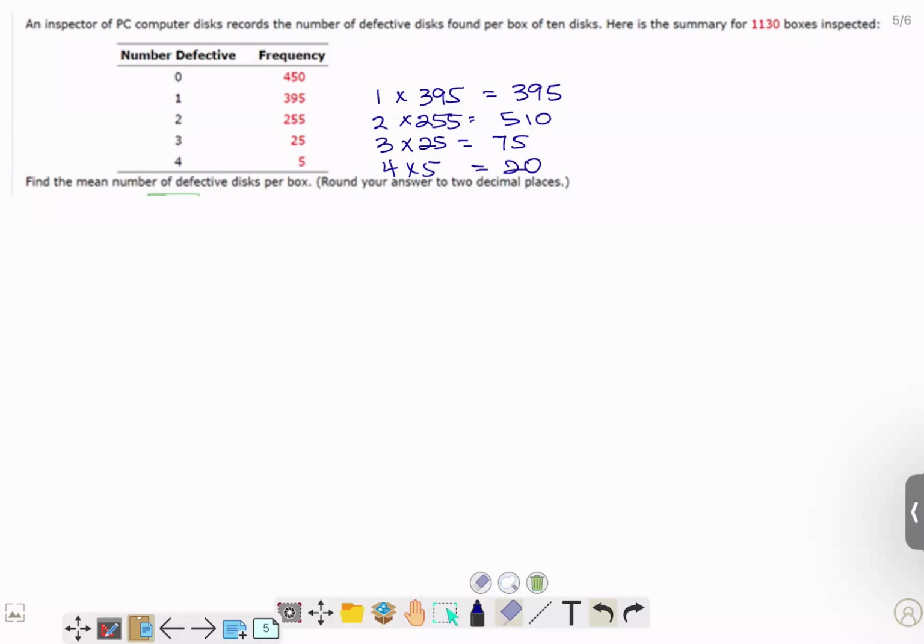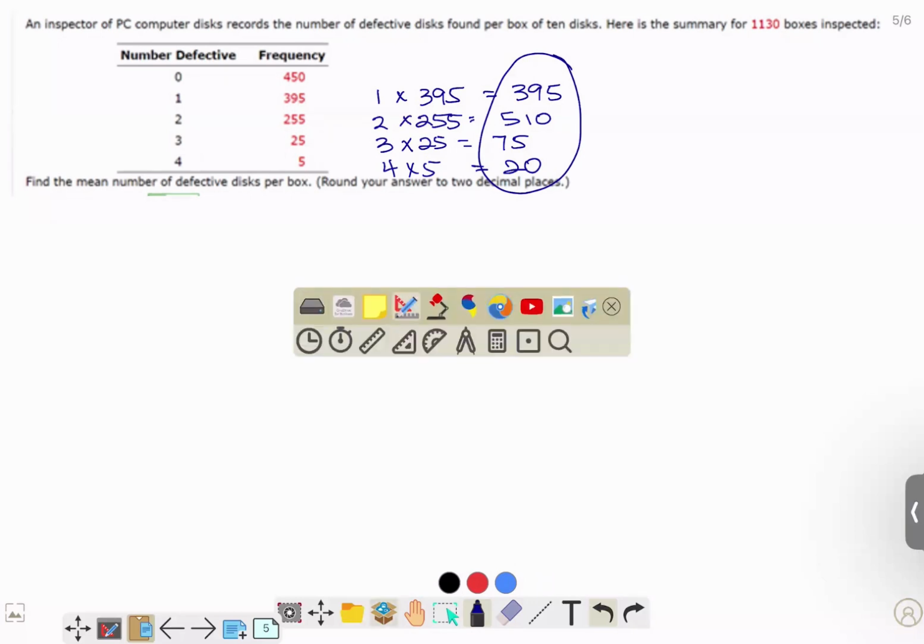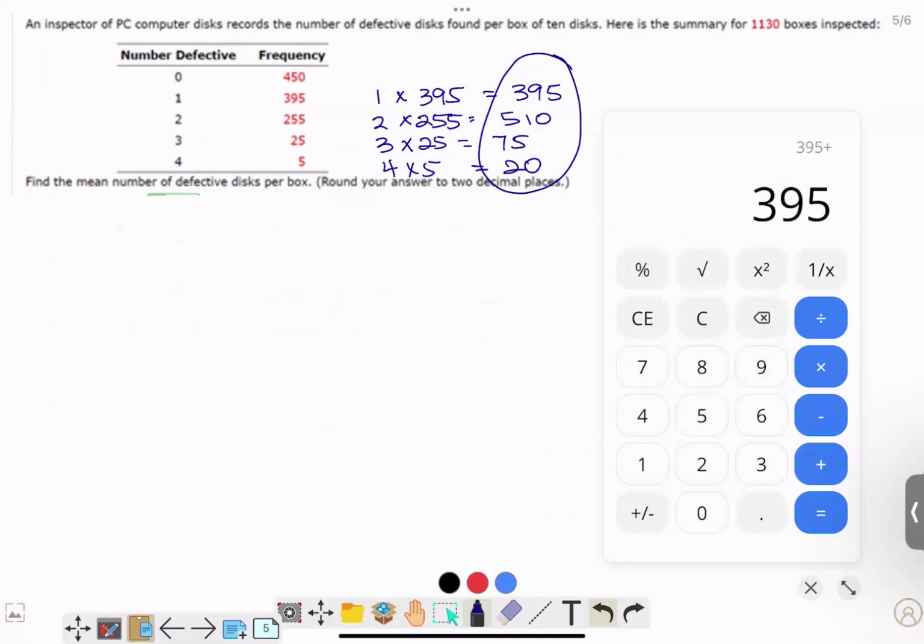All right, so now I've got to add all of these together. So this is the total number of defective discs. So I'm going to add them all up. Get the calculator. 395 plus 510 plus 75 plus 20 is 1,000. So there's 1,000 defective discs out of 1,130 that they tested or that they inspected.